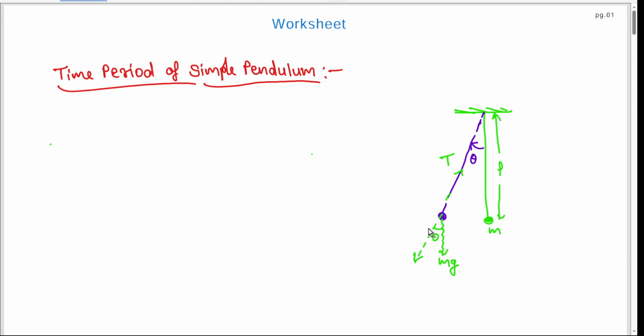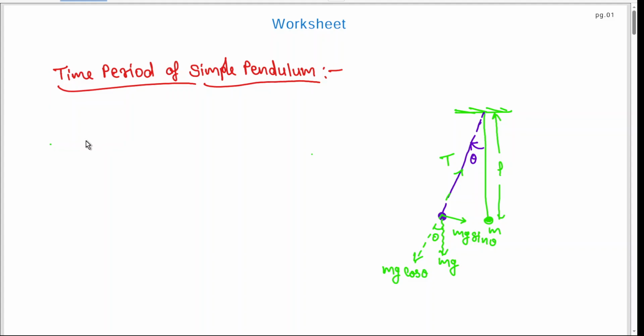So the mg component along this rope will be mg cos theta, and the mg component in the perpendicular direction of this rope will be mg sin theta. So what will be the restoring force acting on this bob? That is mg sin theta only, right? That is mg sin theta only.